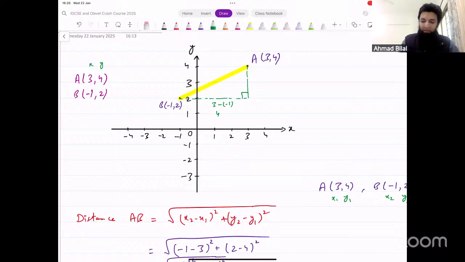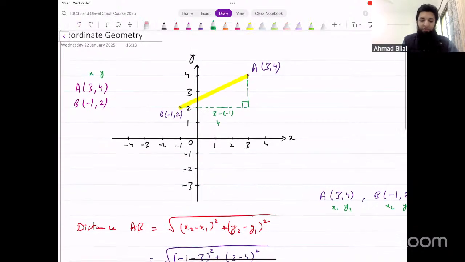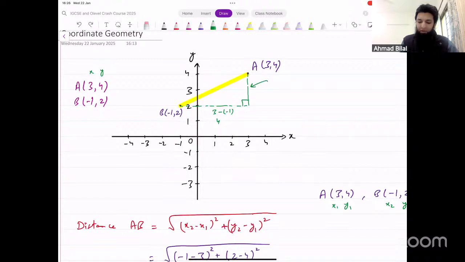And then how do you find the height of the triangle? This side, this is 2, this is 4, right? So the difference between the y coordinates is going to give you this height of the triangle, the perpendicular. That will be 4 minus 2, right? And that gives you 2. So the base is 4 and the height is 2.